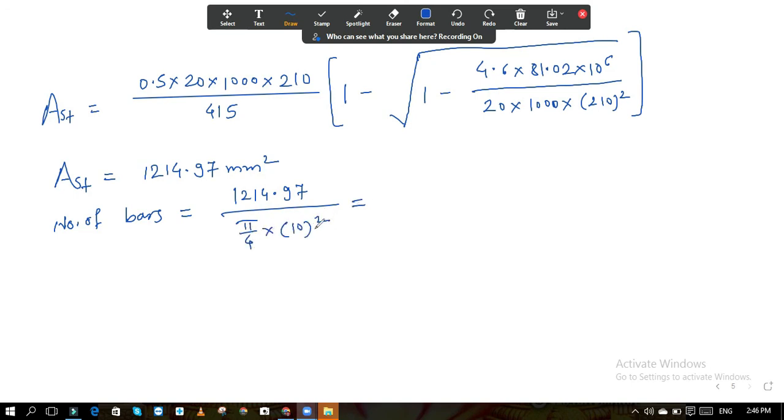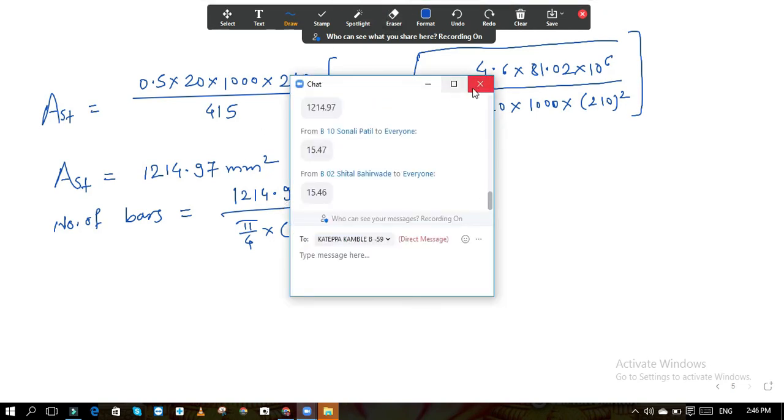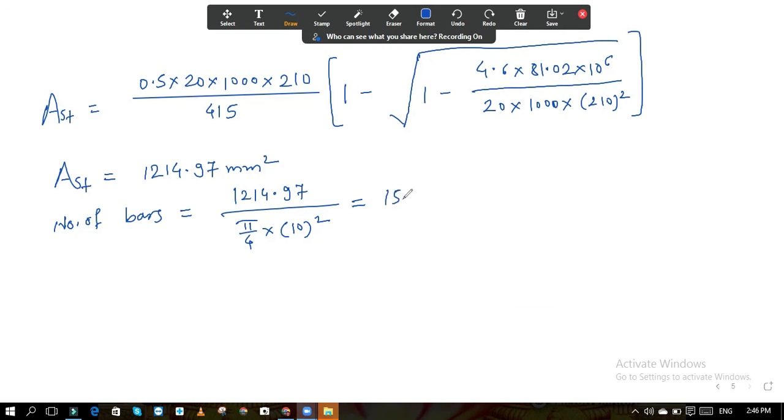What is the answer? 15.46, which we round up to 16 numbers.